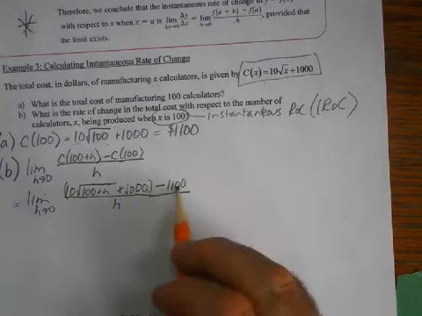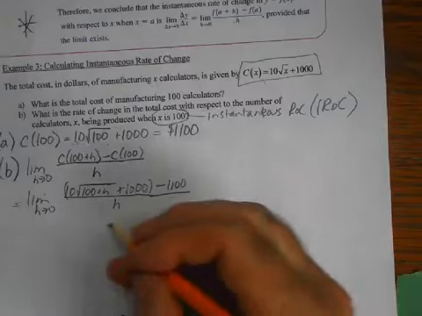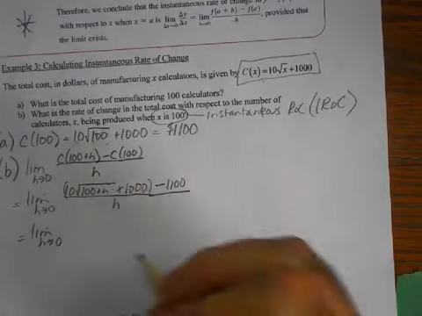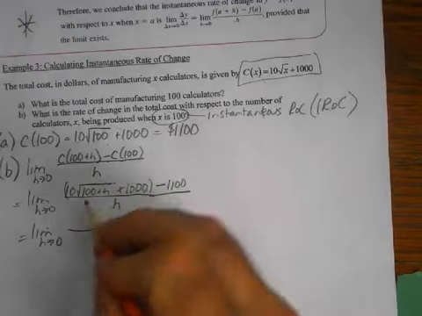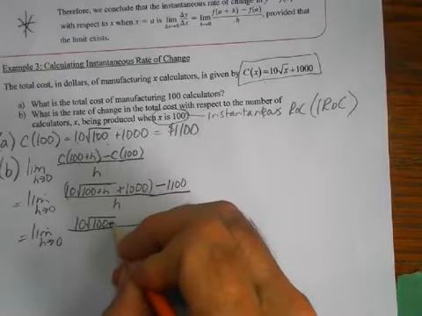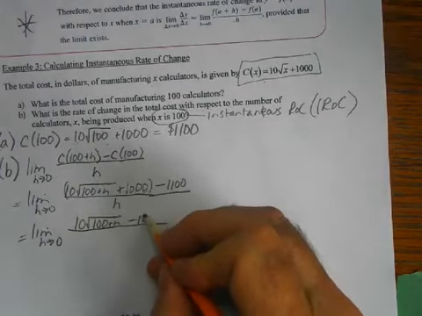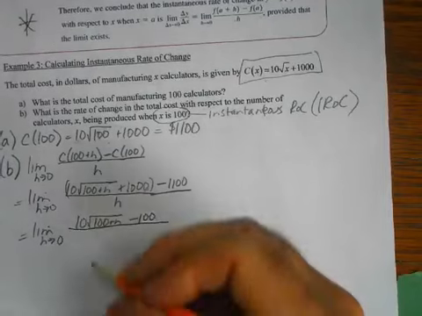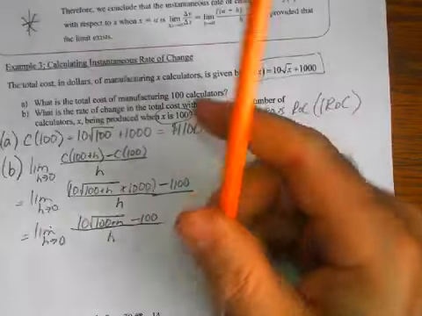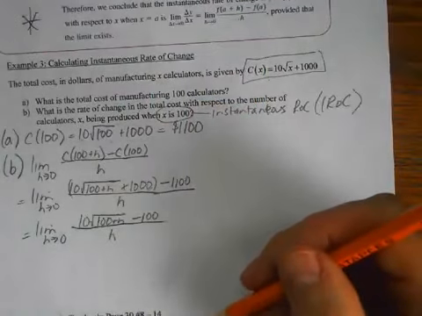So I can subtract these two numbers. So I'm going to have the limit as H approaches 0 of 10 root 100 plus H, and this works out to minus 100, over H. Okay, so this looks kind of nasty, but remember our strategy from last lesson.